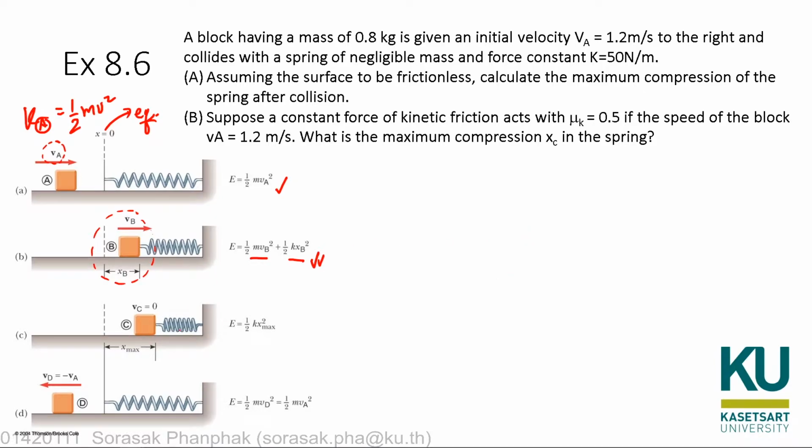When it moves forward, at this position there's no velocity, and all the energy from the initial kinetic energy KA transfers to the elastic potential energy at position C. So all the energy goes to 1 over 2 kx squared.